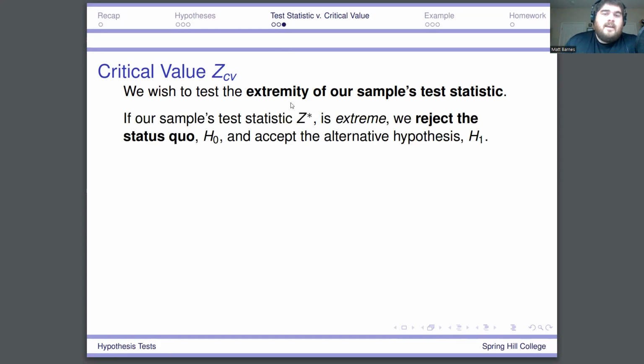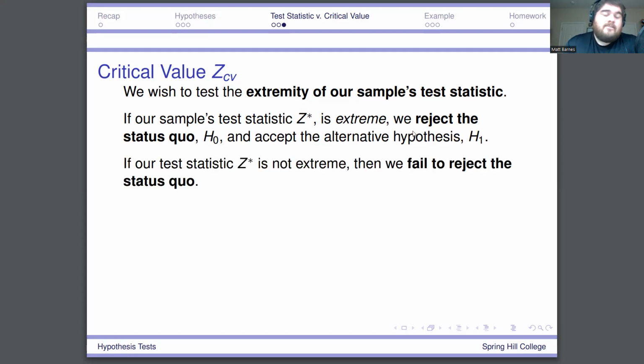So if our Z star, the thing we calculated, is extreme, that's when we reject our H naught. That's when we say we think something's wrong here and we actually think H1 is what's going on because this is kind of wild. This is extreme. Whereas on the other hand, if it's not extreme, if this is kind of what we expected, then we would say we didn't get enough evidence to really reject H naught here. So we're going to fail to reject H naught. We just didn't have the evidence to say it's different.